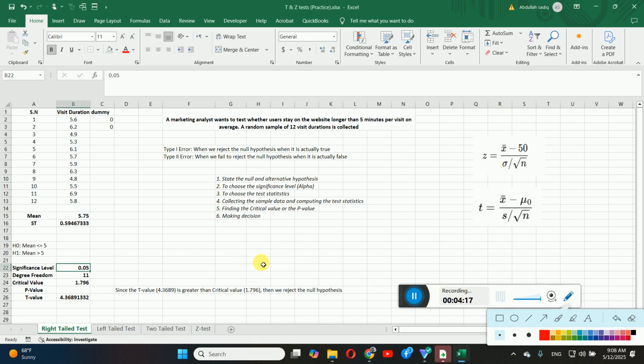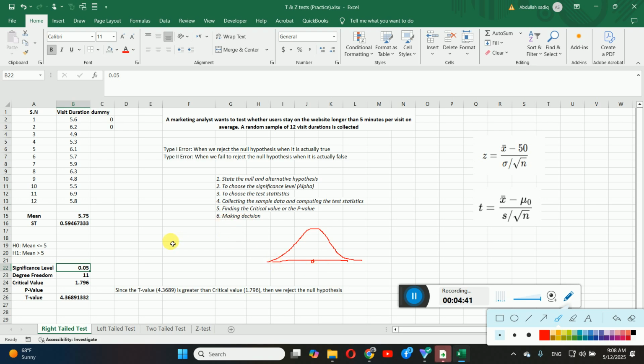So this is the graph of the normal distribution, dear students. Here we have the central value. This is the central value, right?